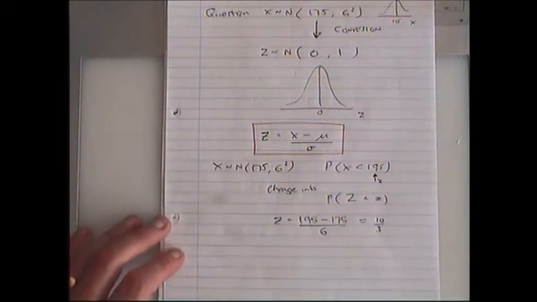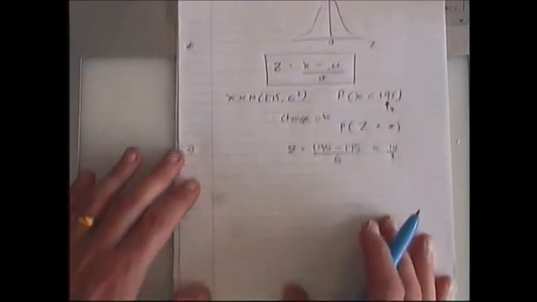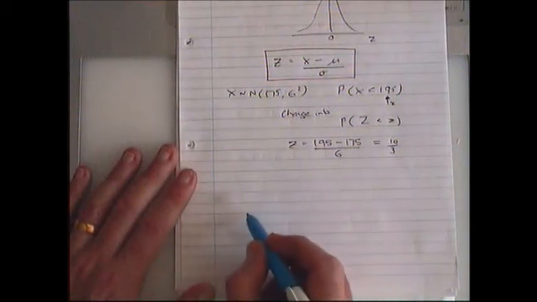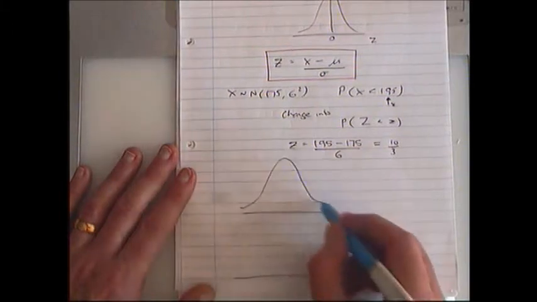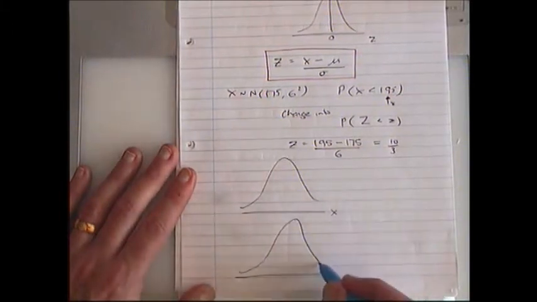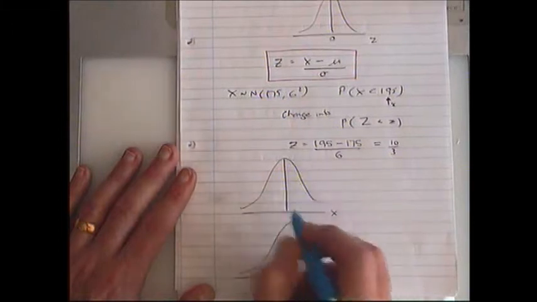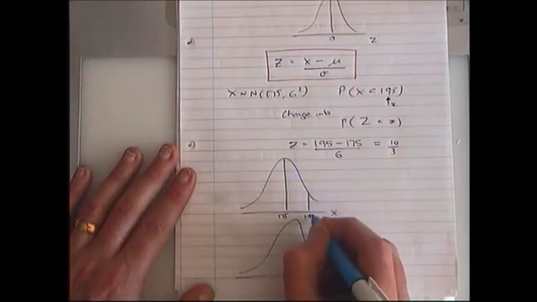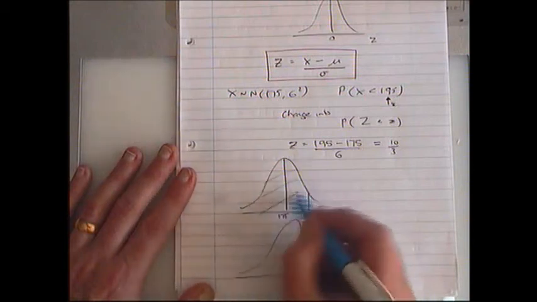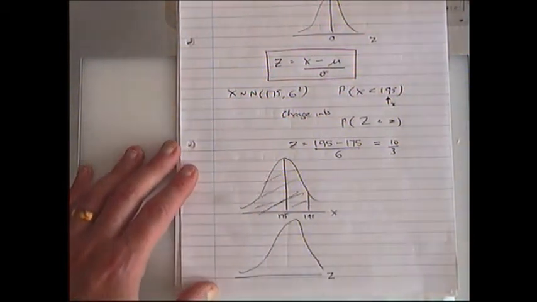So that means, and I'm going to draw two diagrams now just to really emphasise this point, one under another. One is an X diagram, one is a Z diagram. Originally, I was dealing with a mean of 175 and I wanted to know about 195 and that area there.